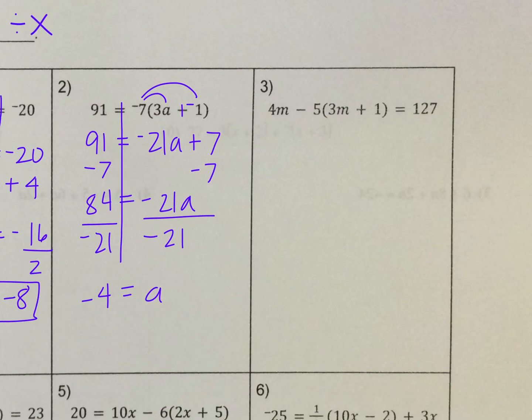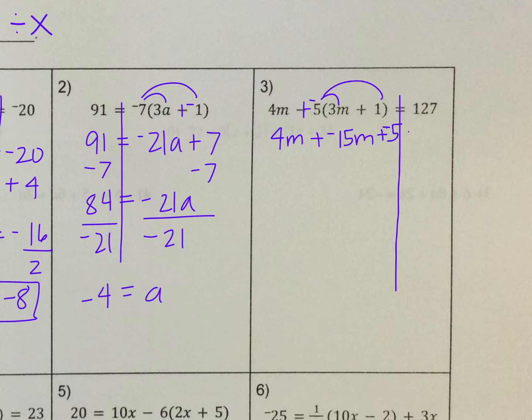Number 3, we got to do some distributing action. So I'm going to bring down the 4m, and now I'm going to distribute that negative 5. That becomes a plus negative 15m plus negative 5 equals 127.